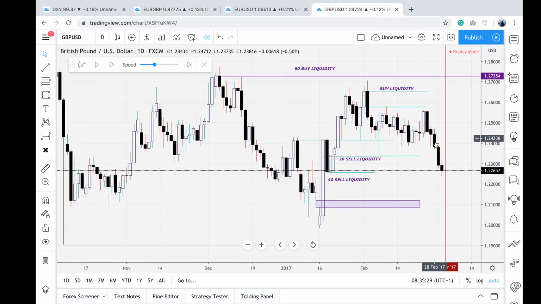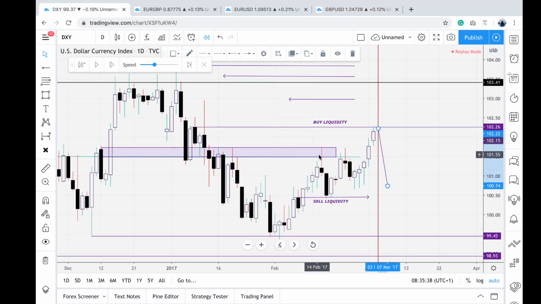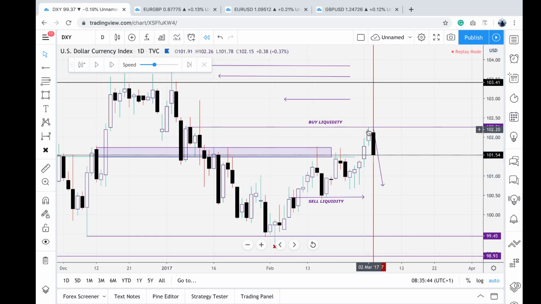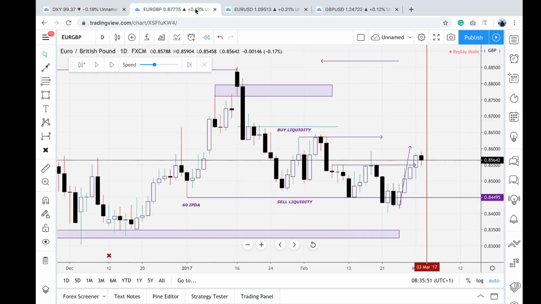British pound dollar. So price has finally broken out of this range, and looks like price wants to reach for this fair value gap below. So let's actually see what the market does. So let's see what DXY does. Right. So we're correct, now bearish analysis for Friday, the final week of February. Okay.